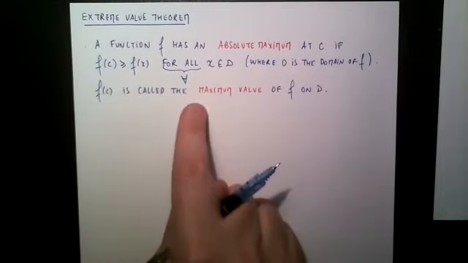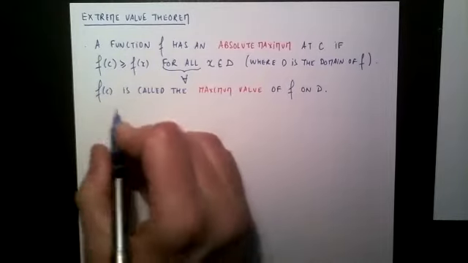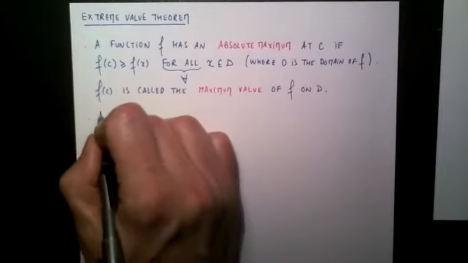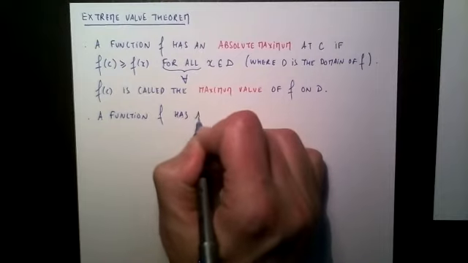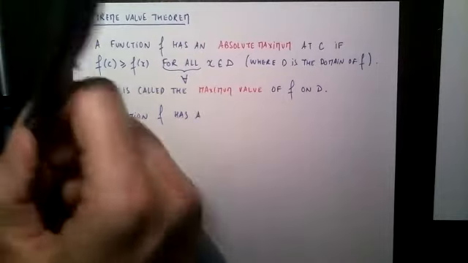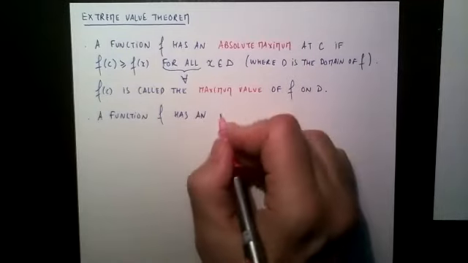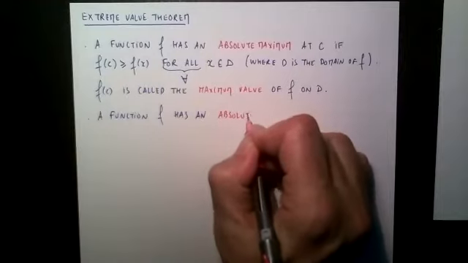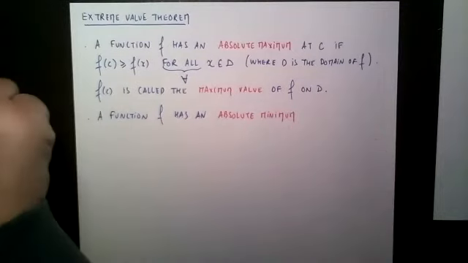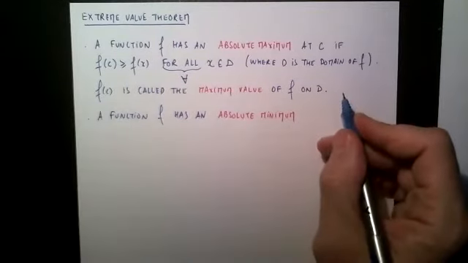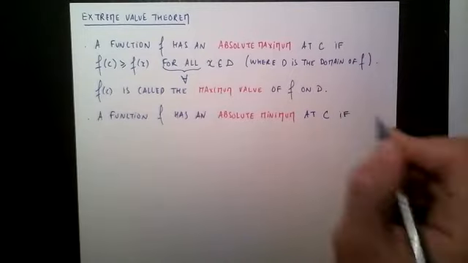We're going to do the same thing with minimum now. A function f has an absolute minimum at C if what?